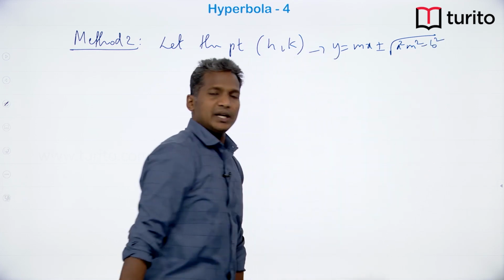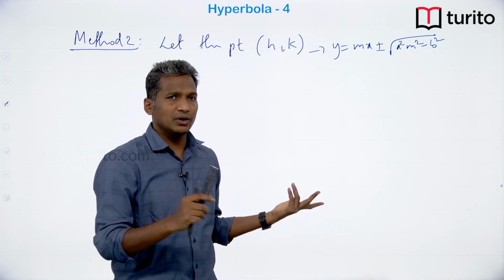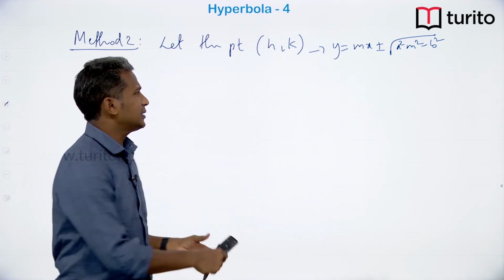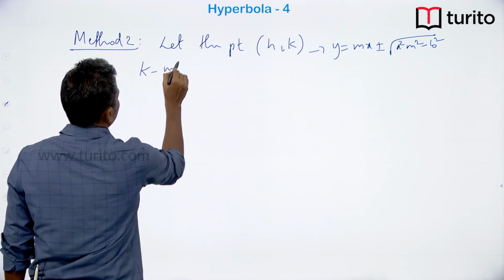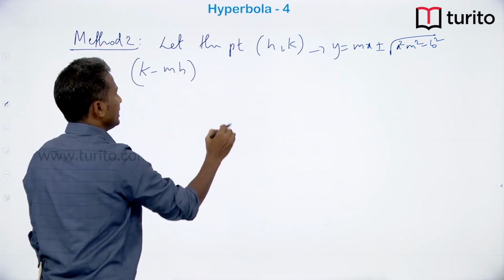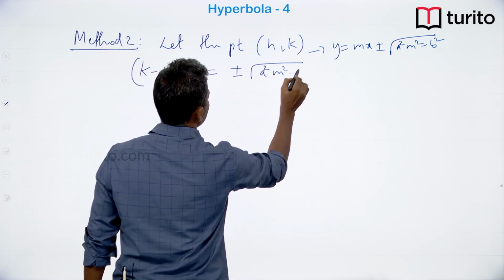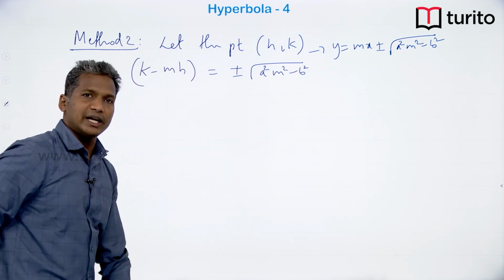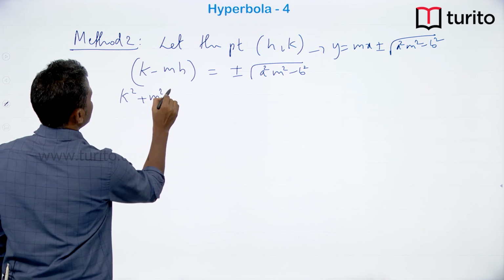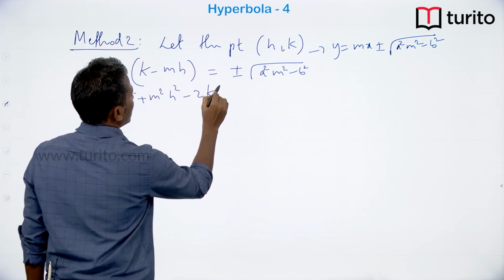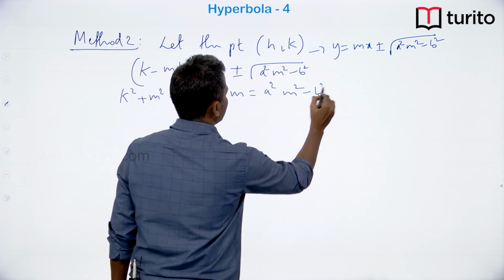Again I keep saying, do not remember those direct formulae, that quadratic equation and all, we will derive it directly. So when I take mx to this side, what do I get? k minus mh, also substituting the point, equal to plus minus root of a square m square minus b square. Now we have to square it. So what do we get? k square plus m square h square minus 2khm equal to a square m square minus b square.